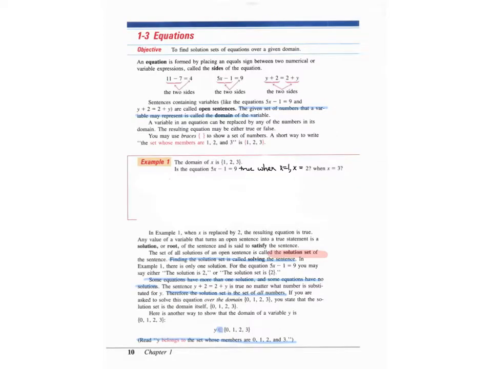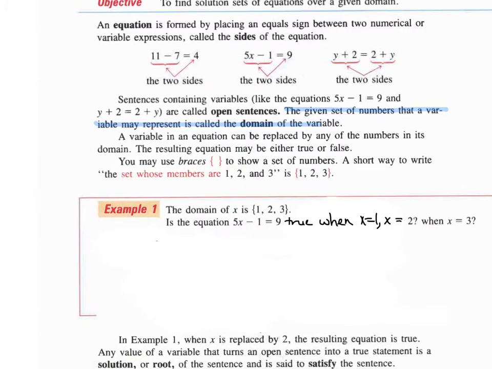All right, so in lesson 1-3, we're going to be having equations here. Now, have you ever heard of the word domain? Yes. Okay, and can you explain to me what domain is?